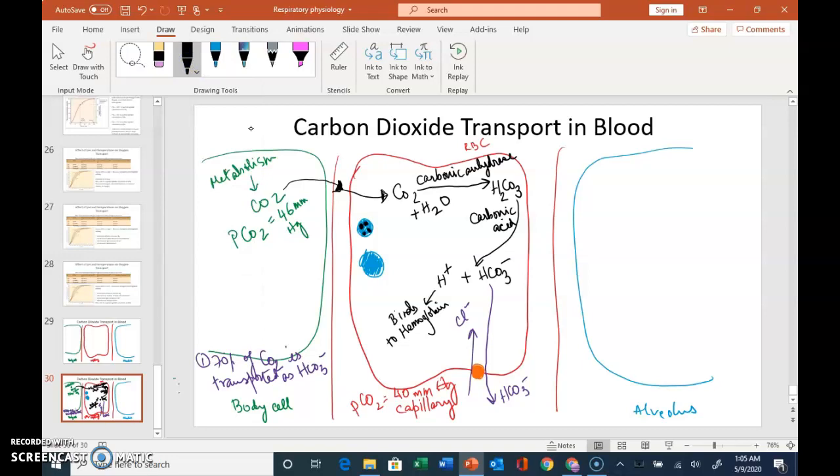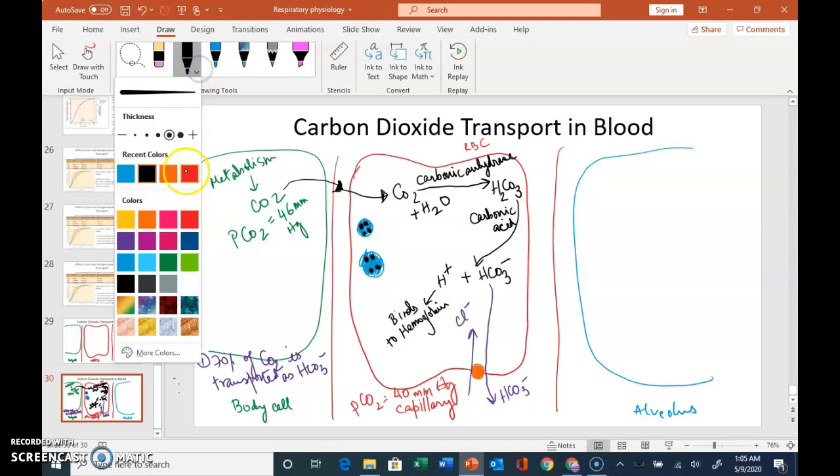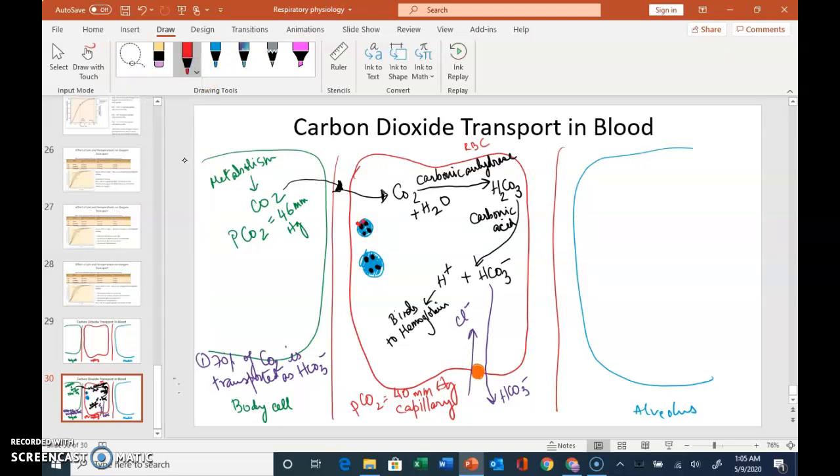Remember, it has seats for oxygen. Okay. And then to these seats, there is oxygen attached. Right? Now, remember at the tissue level, the affinity between oxygen and hemoglobin decreases.